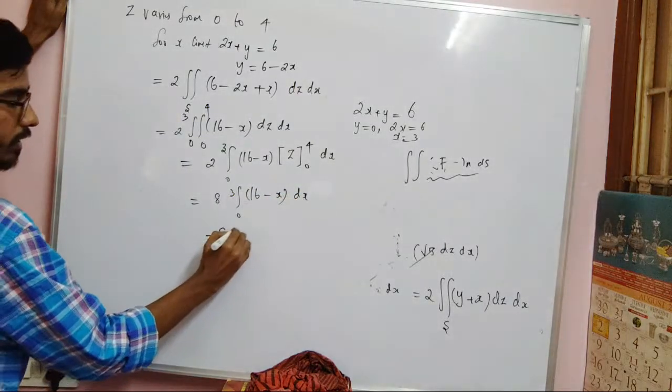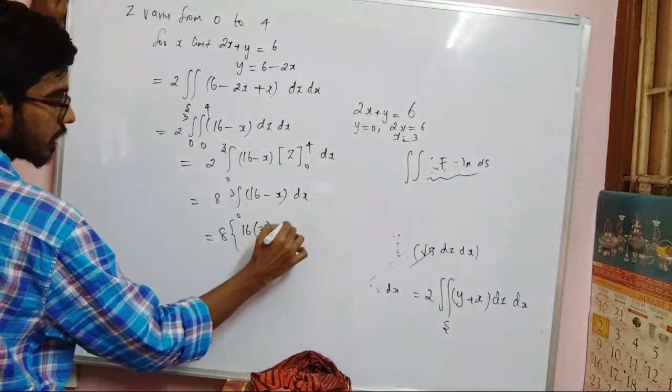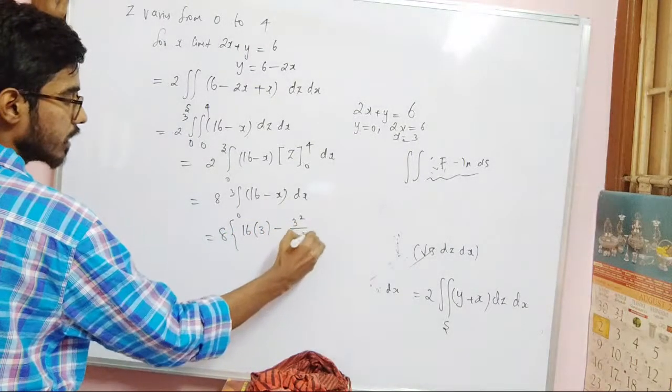So this will be 8 times 16 x minus x square by 2, from 0 to 3, so 8 into 48 minus 9 by 2.